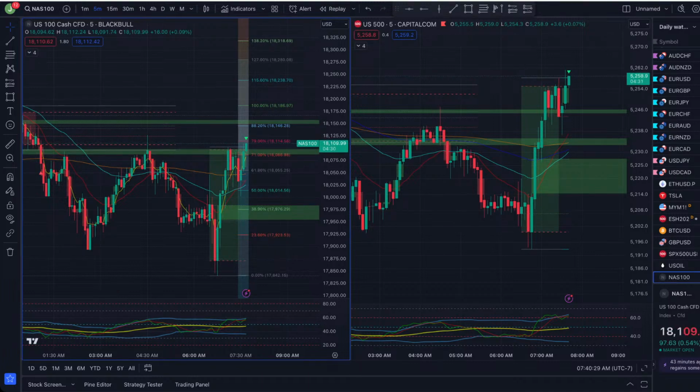Slowly getting confirmation now. Four minutes left in this candle. Let's see if it sticks.